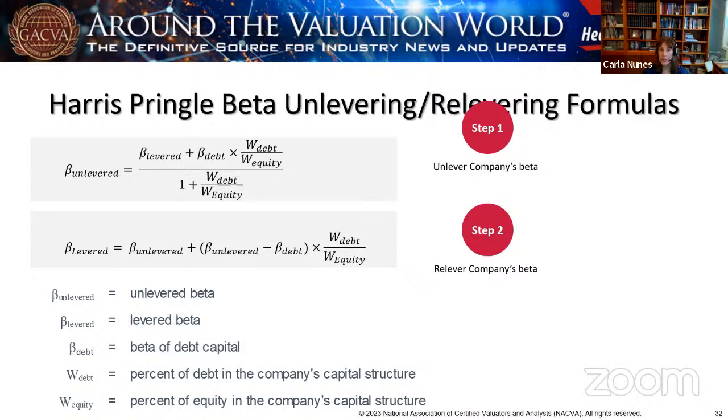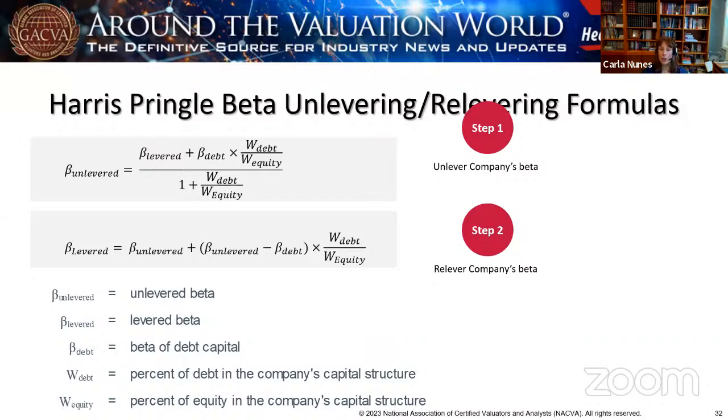And so what the Harris-Pringle beta does is it says, well, there is a certain risk associated with the debt. It's not zero. Having debt in the capital structure is not the same thing as having cash. And so the debt beta is an extra element that is needed compared to the Hamada formula.